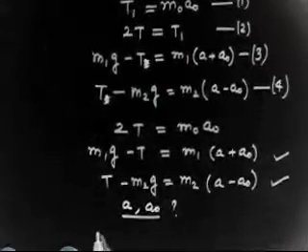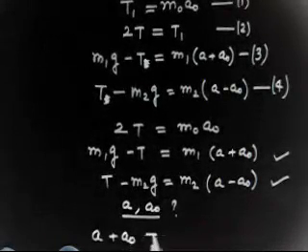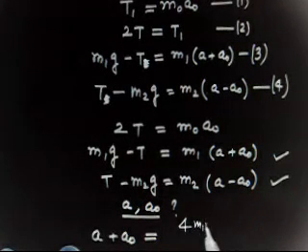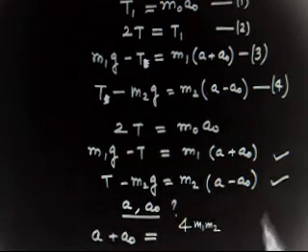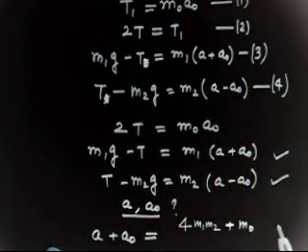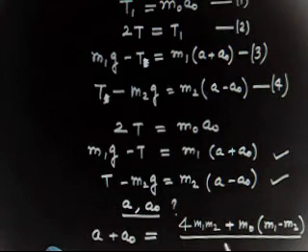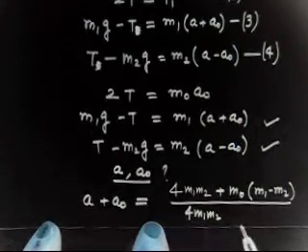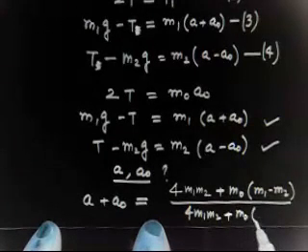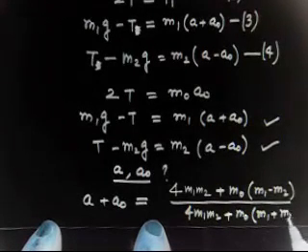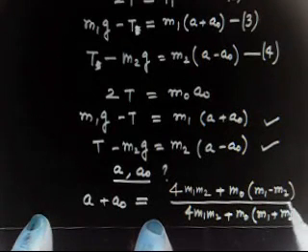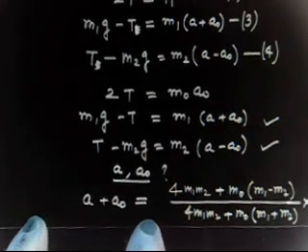Then you can find a plus a naught, and this will come out to be 4 m1 m2 plus m naught (m1 minus m2) divided by 4 m1 m2 plus m naught (m1 plus m2), and this into g. So let us copy this answer.